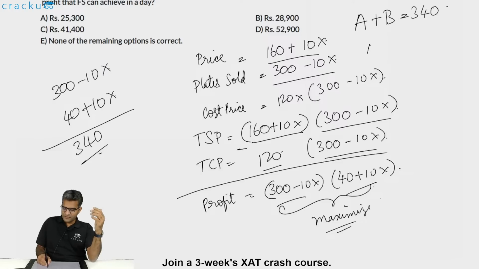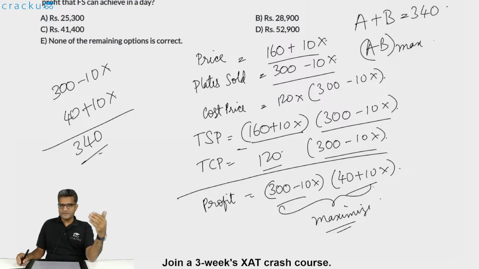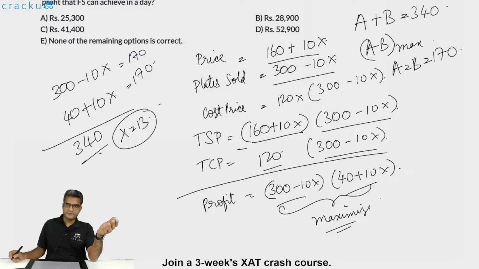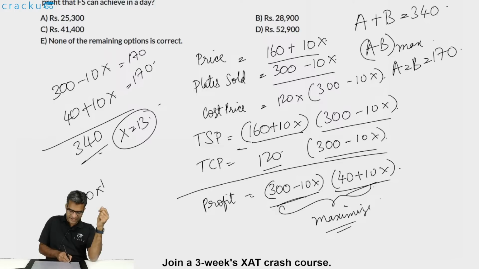What is the maximum value of a into b? This will happen when a is equal to b, and both of them have to be equal to 170. So in this particular case, you want this to be equal to 170 and this to be equal to 170. Both of them will happen at the same time, and that will happen when x is equal to 13. And therefore the maximum profit will be when this is 170 and this is 170. The profit when maximized is 170 into 170, which is equal to 28,900, which is option B.